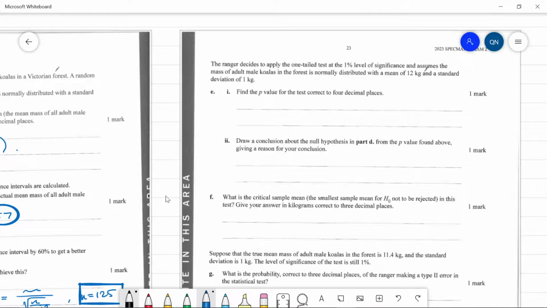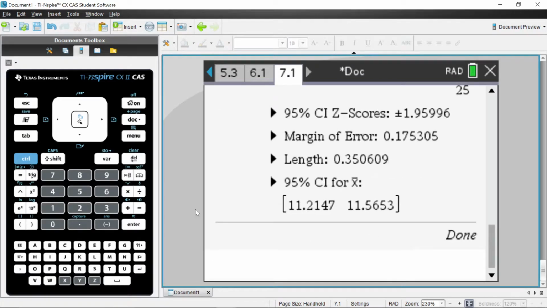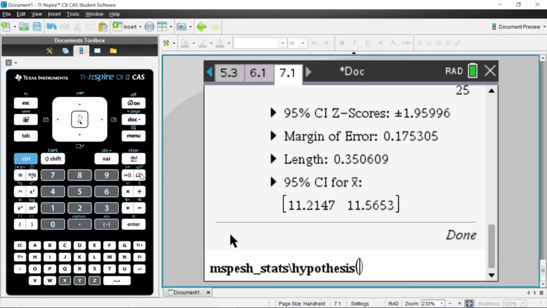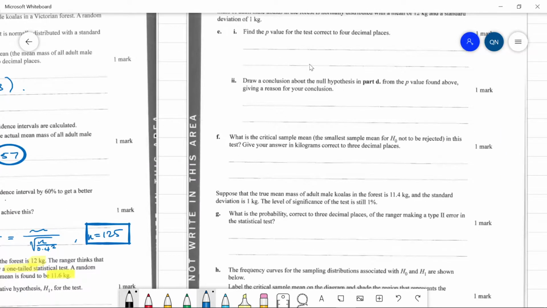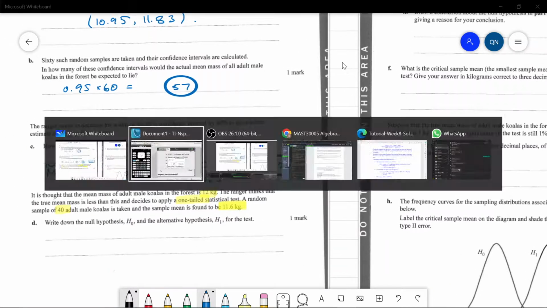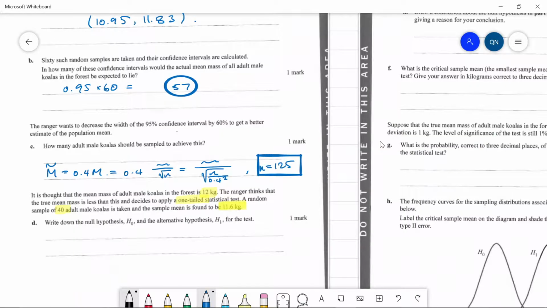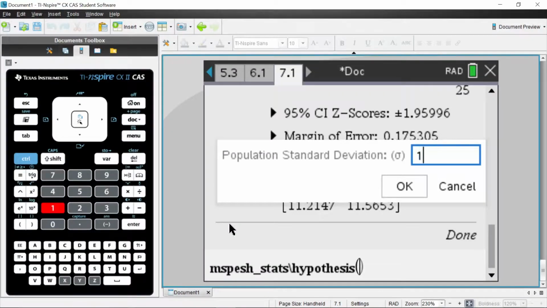Okay, so we just got to do the hypothesis program. So we're going to go to stats hypothesis. What's the null hypothesis mean? It is 12. Population standard deviation is 1.